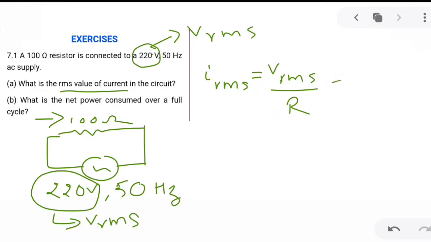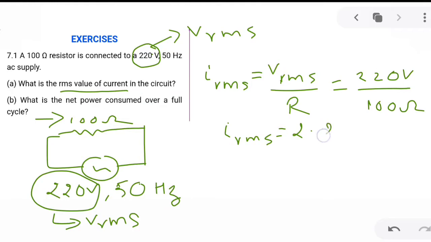VRMS is 220 volt, and the resistance of the resistor is 100 ohm, so it is 220 divided by 100, which is equal to 2.2. So IRMS is equal to 2.2 ampere. It is current, so the unit is ampere. So this is for part A.